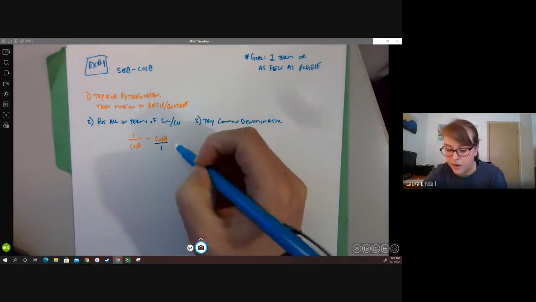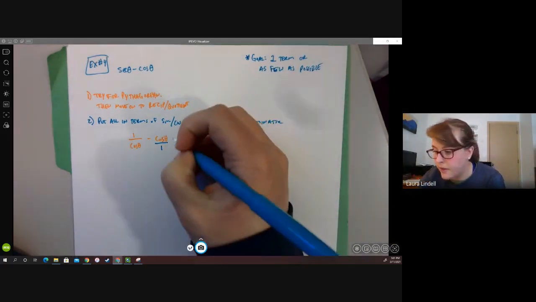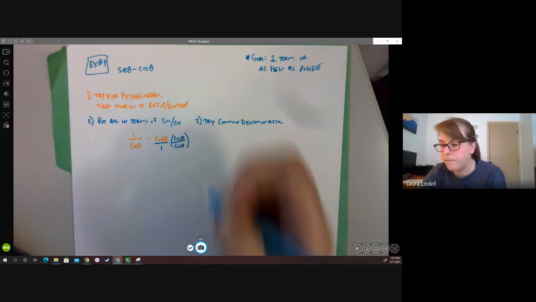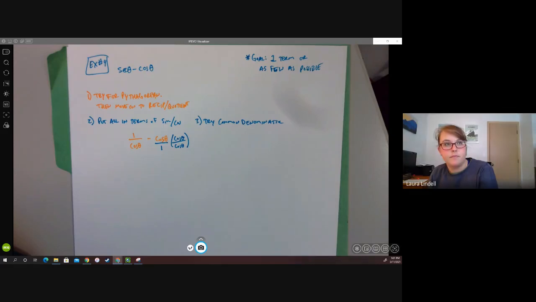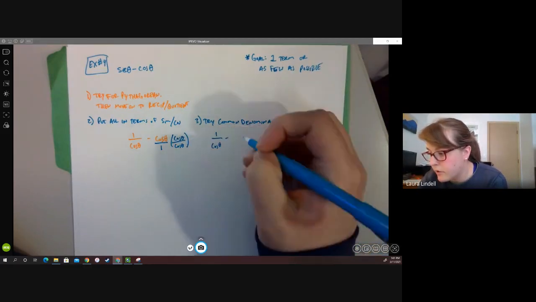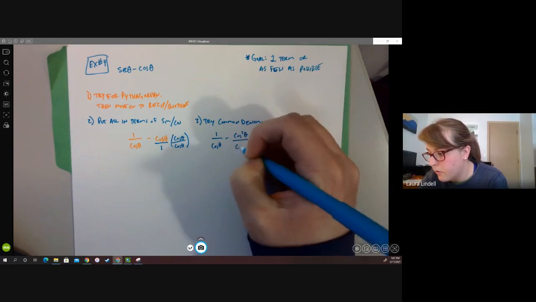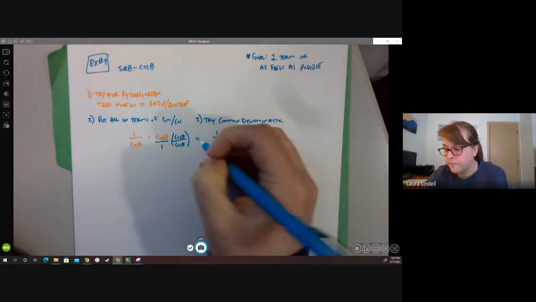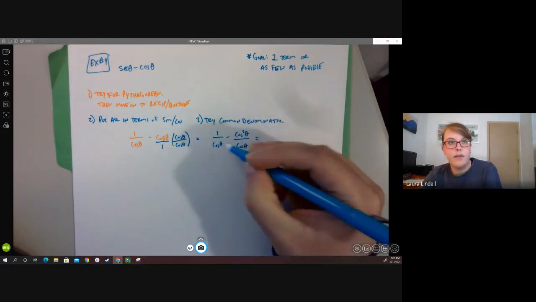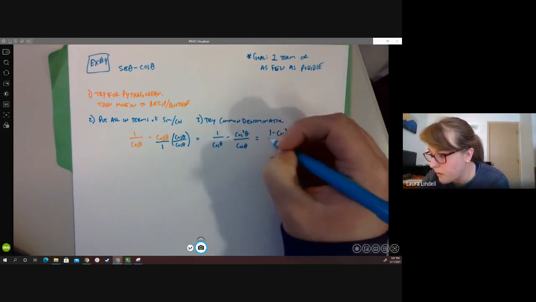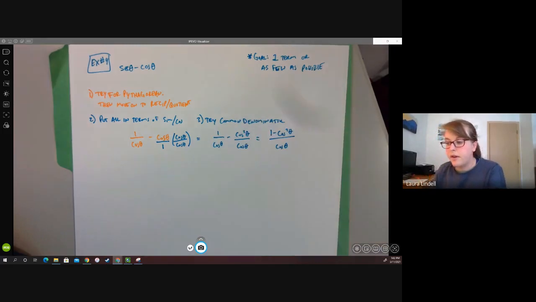So to give this a denominator of cosine, I'm going to multiply on the top and the bottom by cosine. Because what that then gives me is we have 1 over cosine minus cosine squared over cosine. And then, since we have a common denominator, I can subtract on top and go 1 minus cosine squared over cosine.